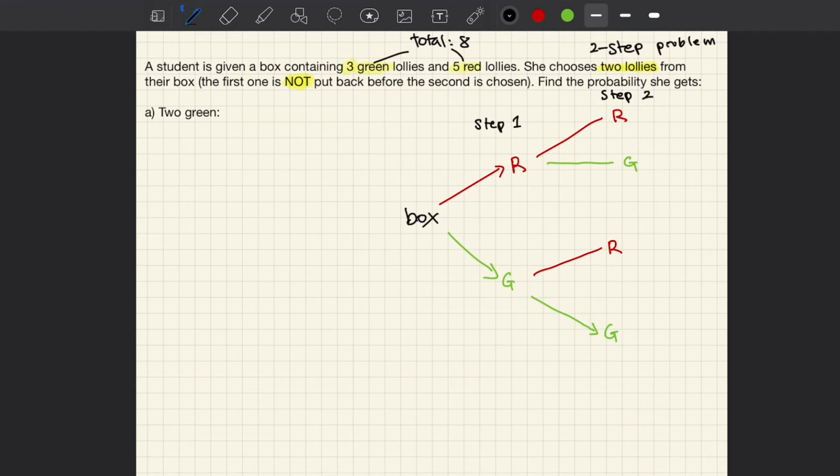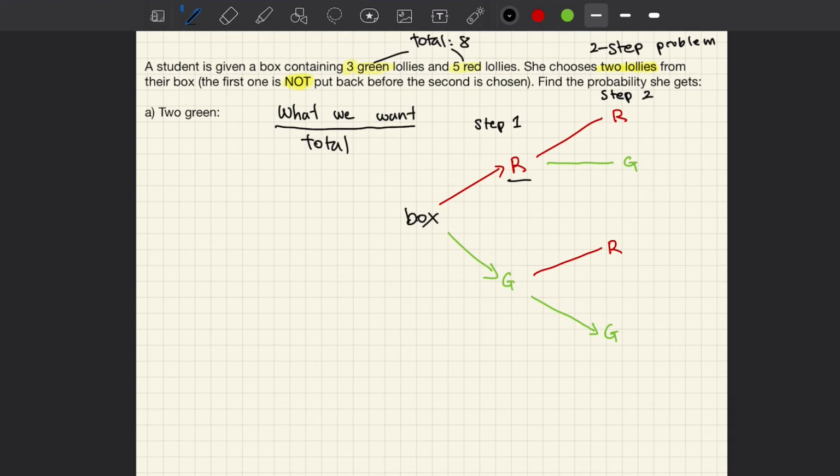So, what's the probability of getting a red lolly? To get a red lolly, and to find any probability for that matter, we put what we desire over the total. Okay, so in this case, we want a red.